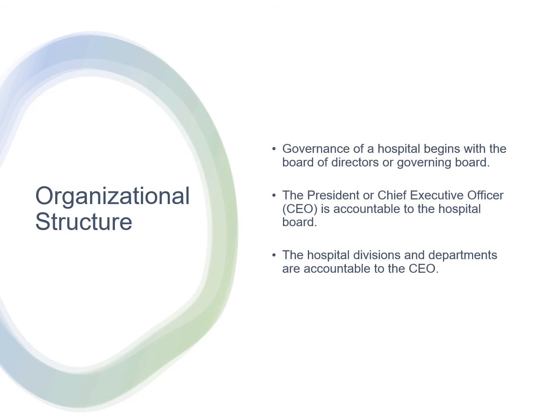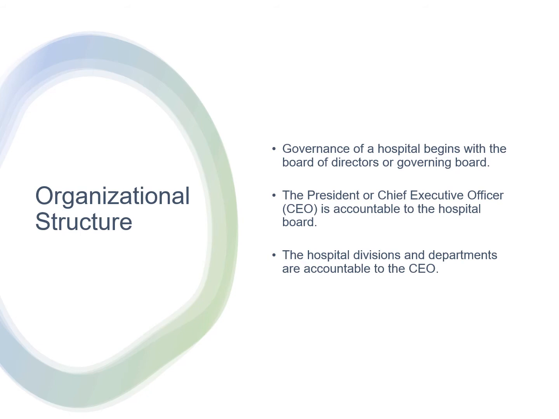The president or CEO is accountable to that board. So they answer to the board. Ultimately, the board makes decisions with the guidance of the CEO, but they ultimately make the decisions, and the CEO is accountable to them to make sure that those decisions are carried forth.